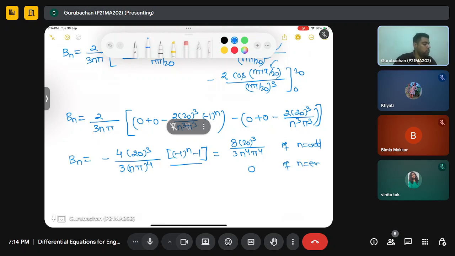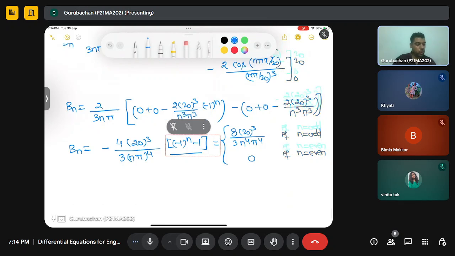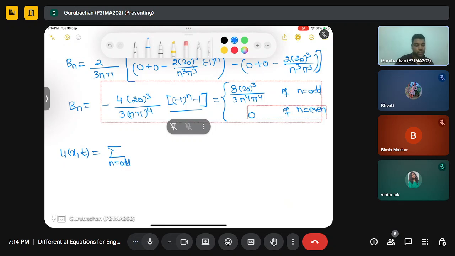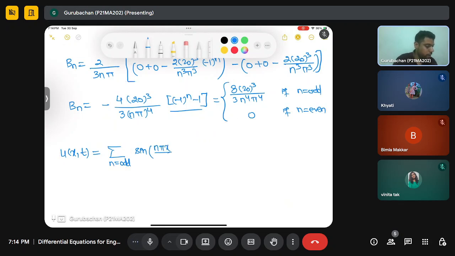So either we may write like this, or we may put n equal to 2k plus 1. When you combine it, your u(x,t) will be a series of odd terms, and this will be like this: odd terms sine n pi x by 20.